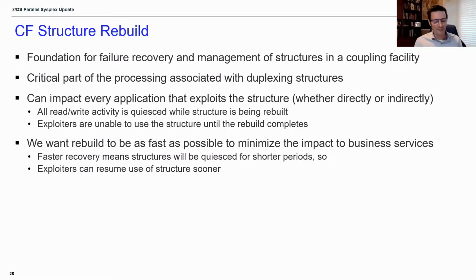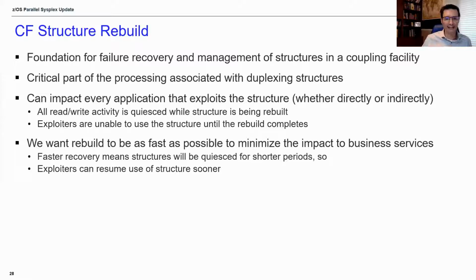The issue with rebuild is that you need to go through these various quiesce phases in which you stop all the activity on that structure. So you can imagine that this structure is quiesced, and basically no reads or writes are allowed to go to that structure. Why? Because XES on z/OS can do a point-in-time copy of the data in the structure, and I need to make sure that it is totally quiesced.